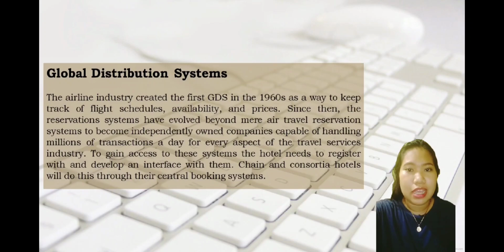A GDS is a computerized network system owned or operated by a company that enables transactions between travel industry service providers, mainly airlines, hotels, car rental companies, and travel agencies. The GDS mainly uses real-time inventory. Example: number of hotel rooms available, number of flight seats available, or number of cars available.